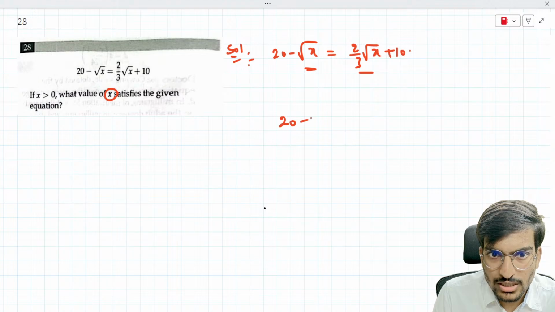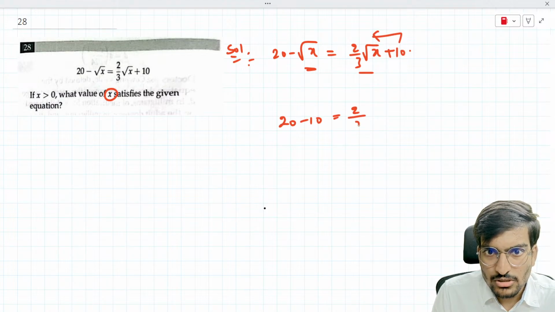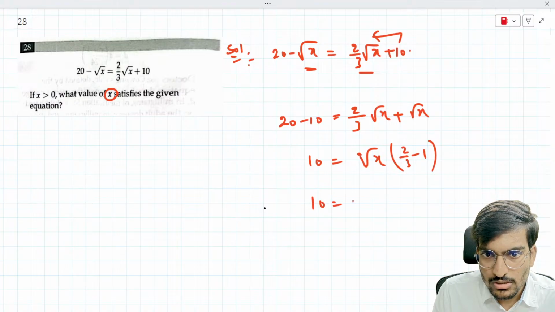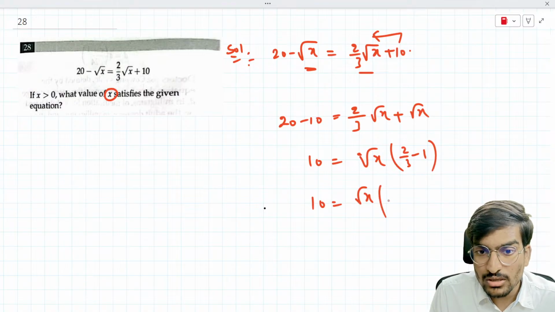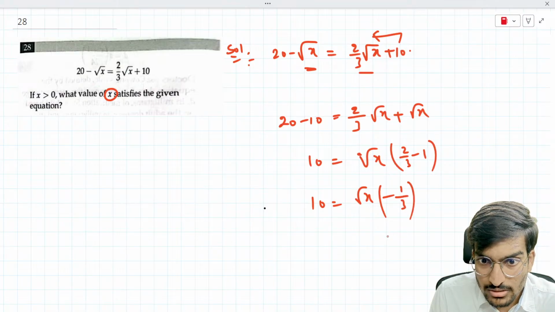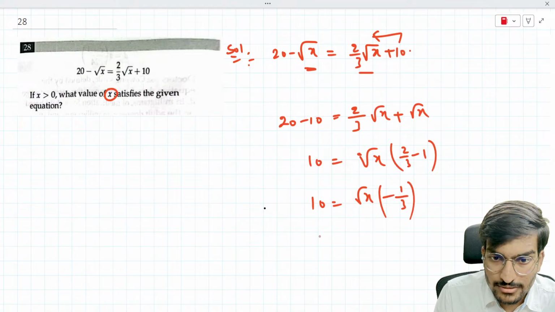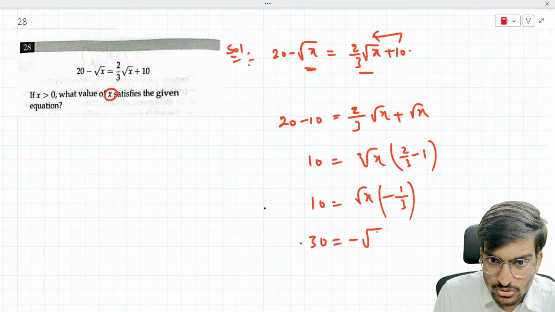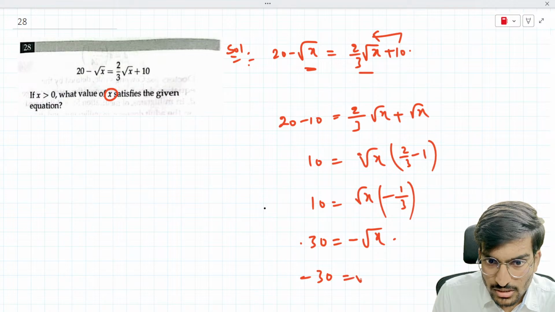So 20 minus 10, the positive constant term on the LHS, 2 by 3 root x, positive root x. So 10 equals root x common, and then 2 by 3 minus 1. So 10 equals root x times 2 by 3 minus 1, negative 1 by 3 you get. You want only x. So you will get 30 equals negative root x. So it will be negative 30 equals root x.